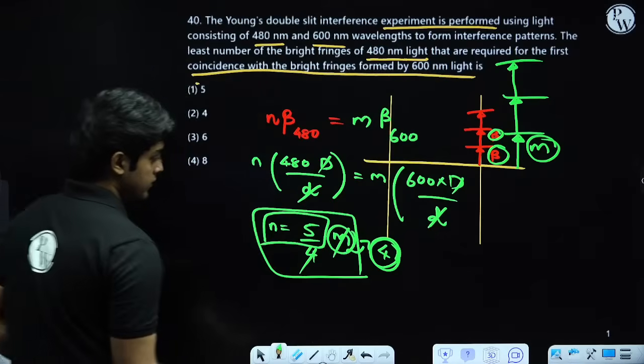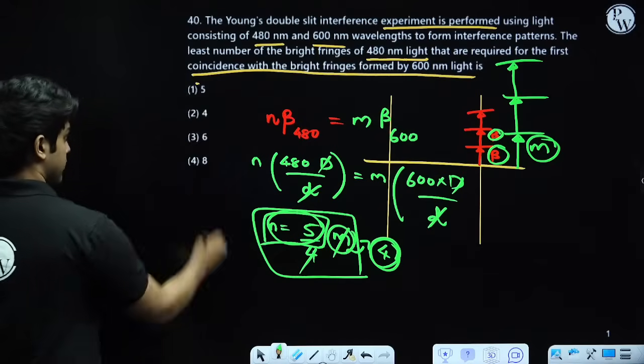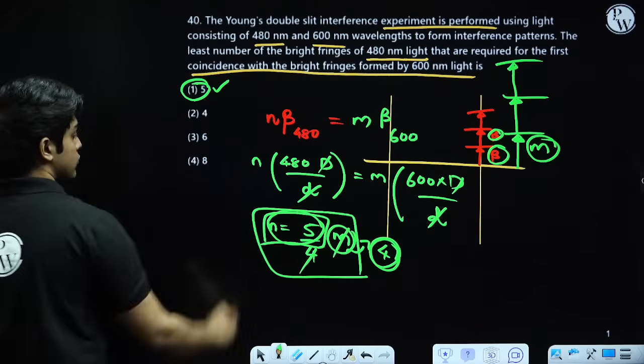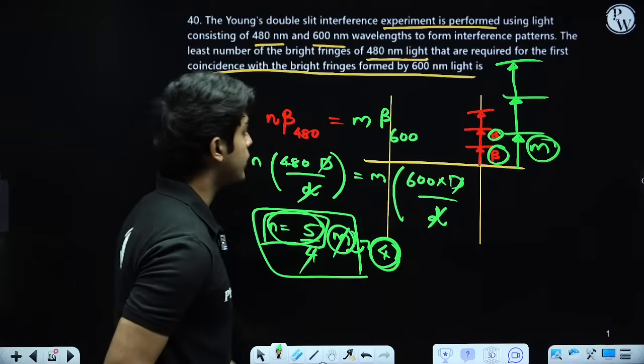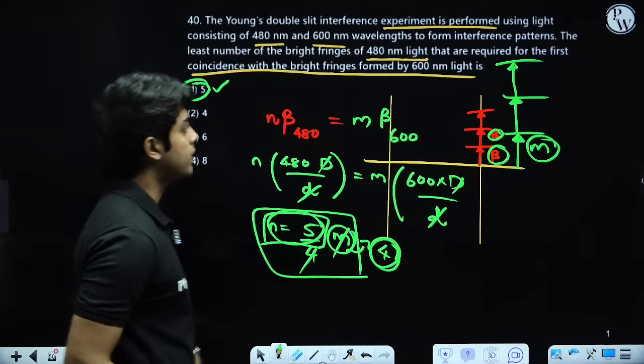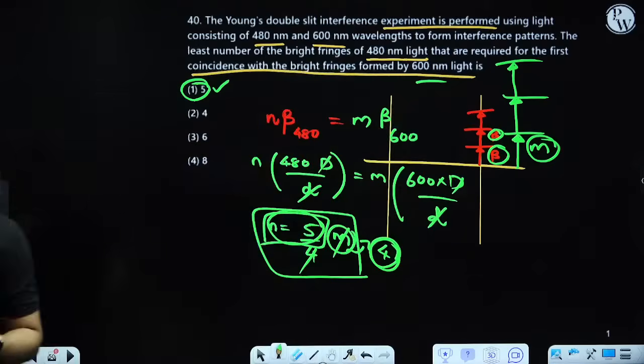So this is when they will first coincide. The fifth bright fringe for the 480 coincides with the fourth bright fringe of the 600, and that is the first time they coincide.